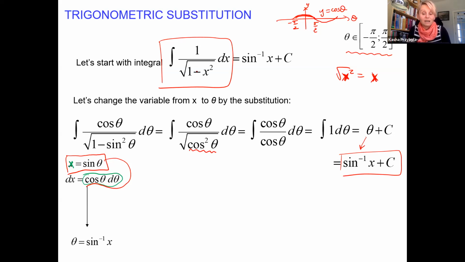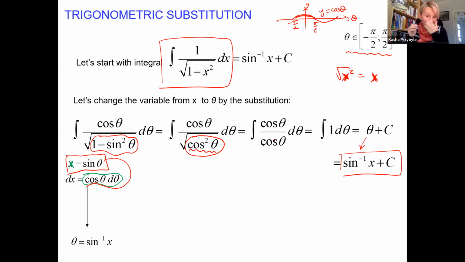Since I have 1 minus x squared, it would be nice to have 1 minus sine squared of theta. That's the reason I chose x to be sine theta. You may notice 1 minus sine squared theta, the expanded form, I managed to rewrite as one single form, and I managed to remove the square root. Based on the trigonometric identity, I knew I had to put sine theta, because I know it will cancel out the square root expression. That's the point.